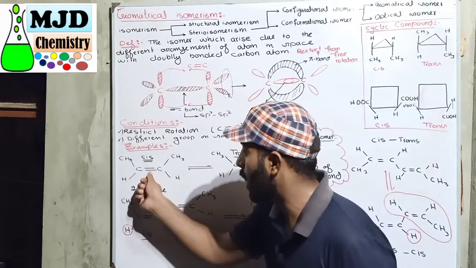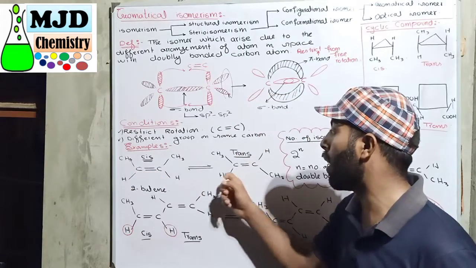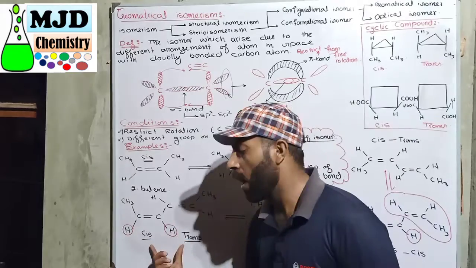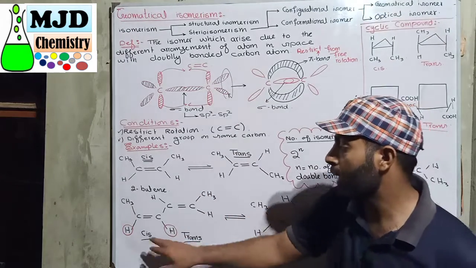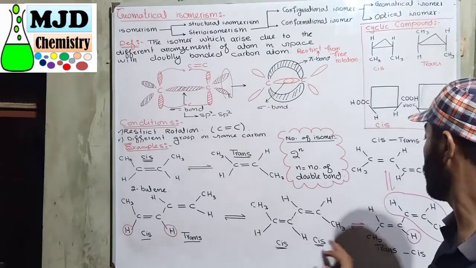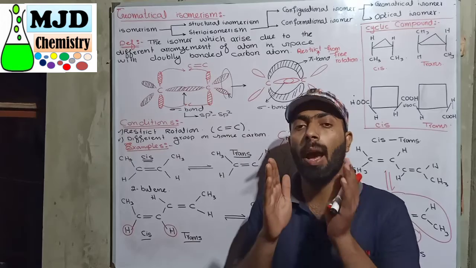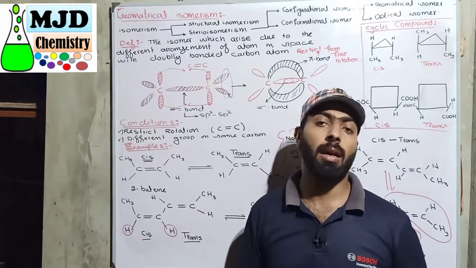If you have only a single double bond in a molecule, then it shows two isomers, cis and trans. If you have two double bonds within a molecule, then it shows 1, 2, 3, 4, 4 isomers. If we have 3 double bonds, then it shows 8 isomers.